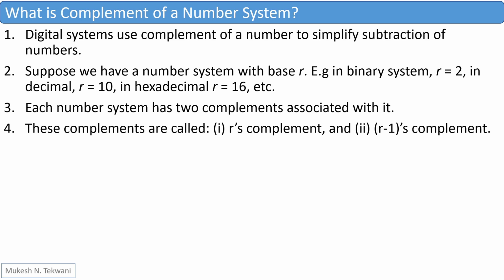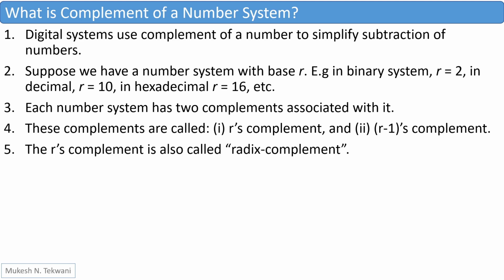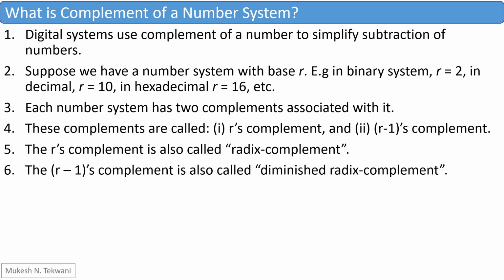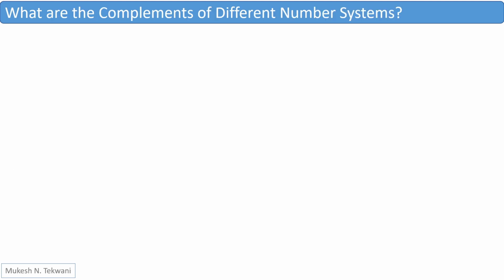So in a binary system with r equal to 2, we'll have 2 minus 1, that is 1's complement. So we'll have the 2's complement and the 1's complement. Now the r's complement is called the radix complement because r corresponds to the radix, and the r minus 1's complement is called the diminished radix complement.